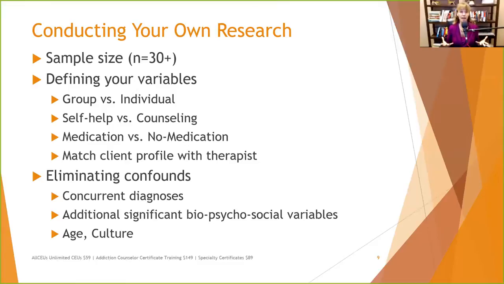If they're in group counseling, how many hours a week are they being seen versus how many hours in individual? So if you're comparing 3 hours of group per week to 3 hours of individual per week, which is more effective, or are you comparing, and it's possible to do 3 hours of group versus 1 hour of individual, which one do you get more bang for your buck for?